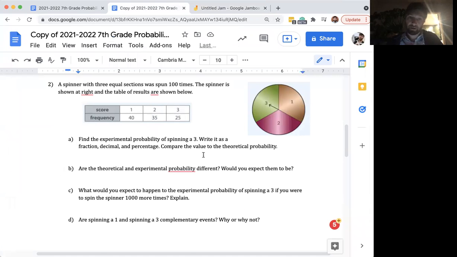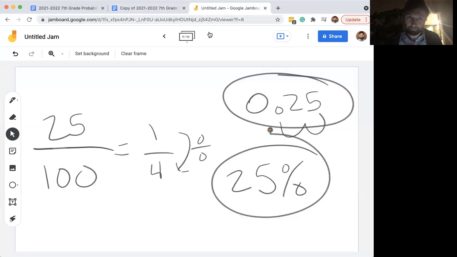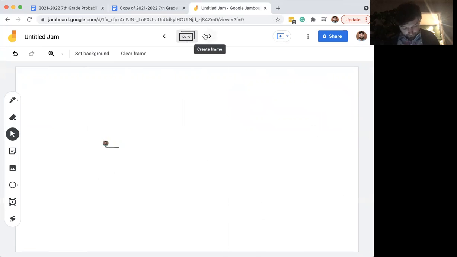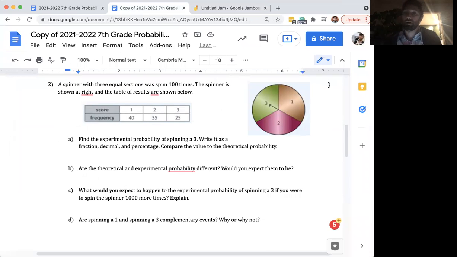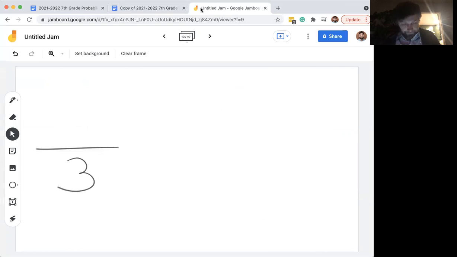And now we have to compare that to the theoretical probability. For the theoretical probability, we're going to look at the number of possible outcomes, which is 3: 1, 2, and 3. That's going to be our denominator. And our numerator will be the outcome we're looking for, how many times it happens. So we get a 3, 1 out of 3 times.